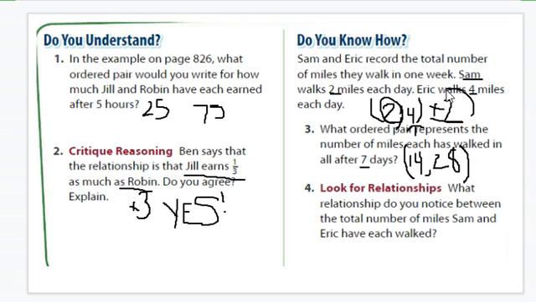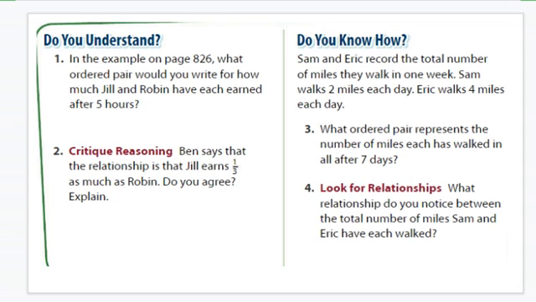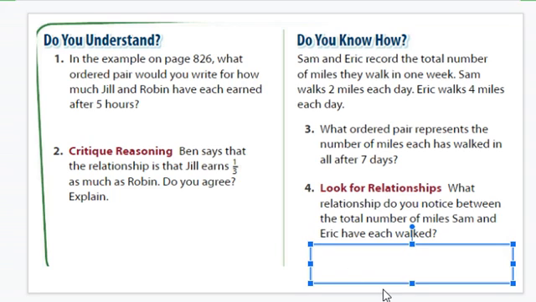Now let me check my times 2 rule with a bigger ordered pair. Is 14 times 2, 28? Yes. So the relationship is that Eric always walks 2 times more than Sam.